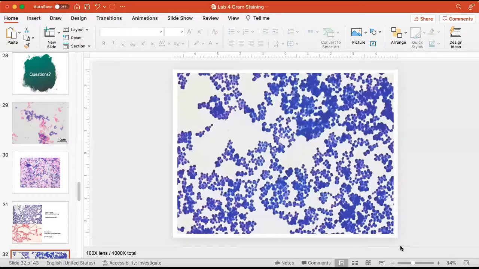Here it is again. What have I got here? There's one organism here. This is a pure culture that was grown in the lab. What are you going to write in your report? Good.